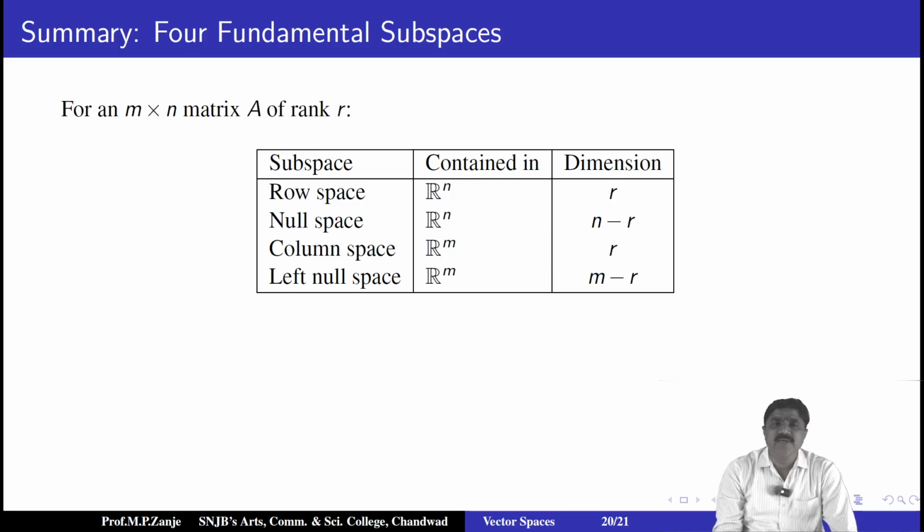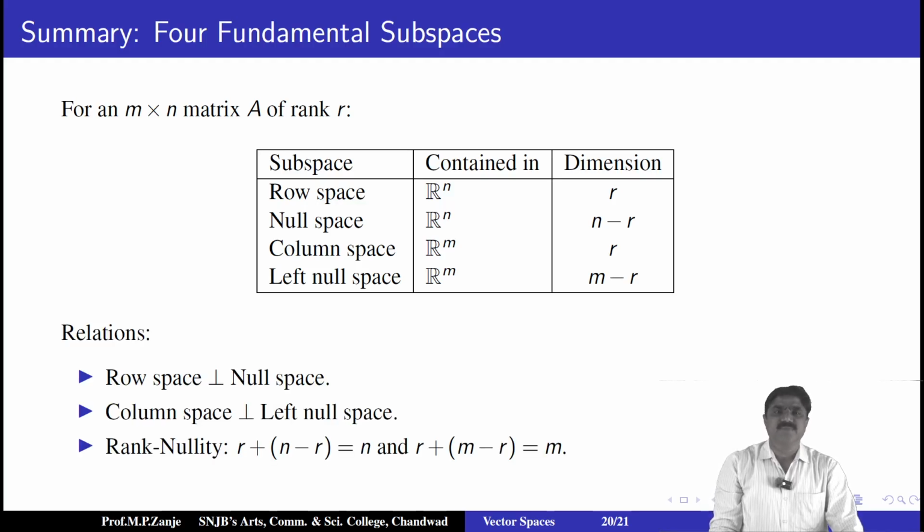The four fundamental subspaces are there: row space in Rn, null space in Rn, column space in Rm, and left null space. If an m by n matrix A has rank r, then the dimensions are given in the table. Row space is perpendicular to null space, column space to left null space, and the rank nullity theorem we can use.